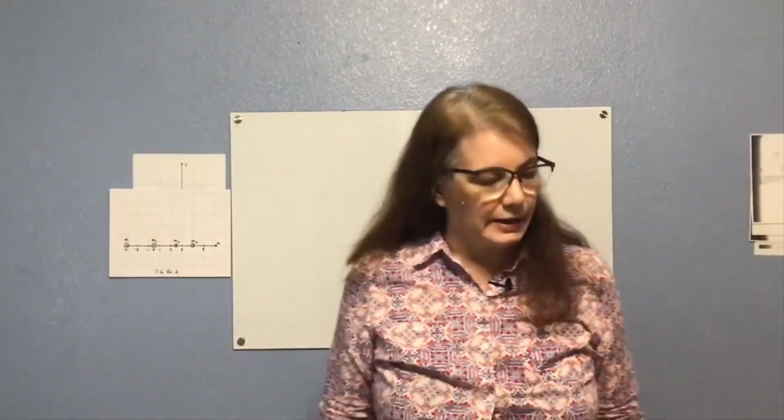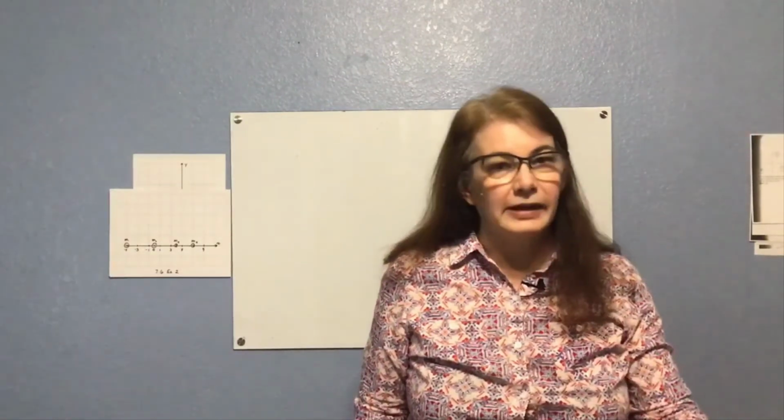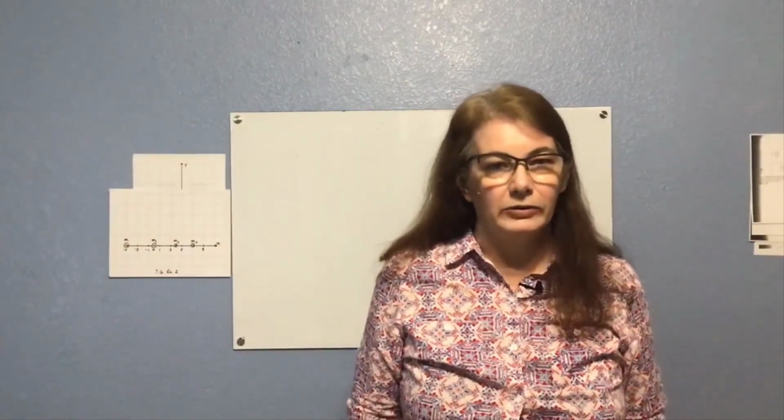In this next example, we're going to look at finding the center of mass in a one-dimensional system. Okay, a very common example of a one-dimensional system is when we have a seesaw and people sitting on the seesaw.